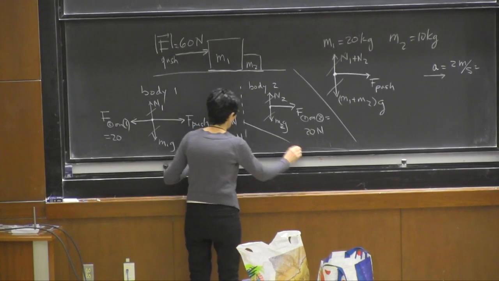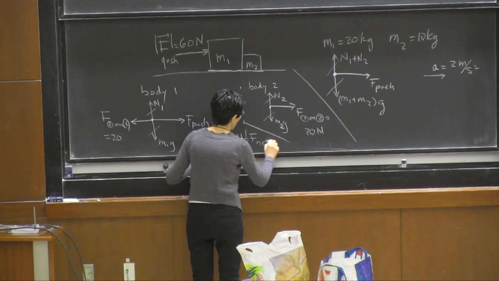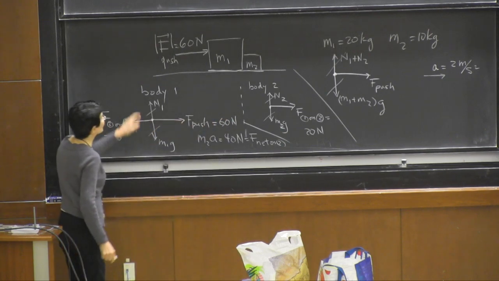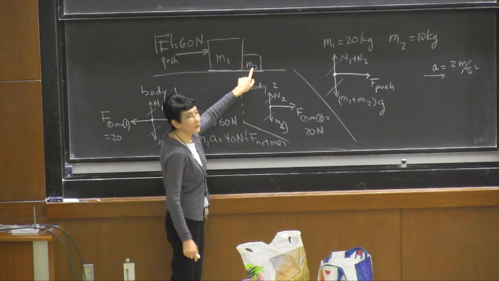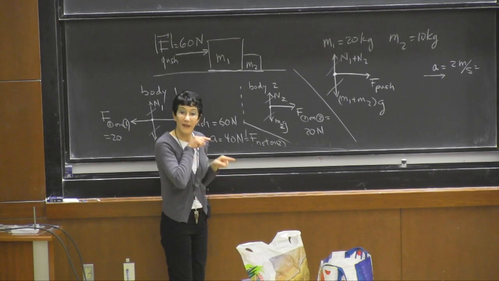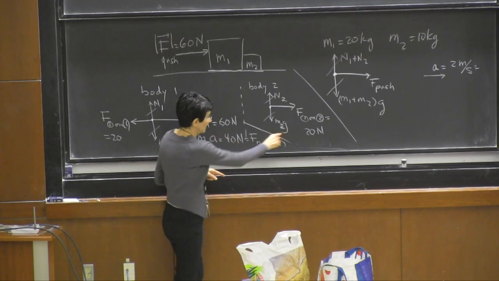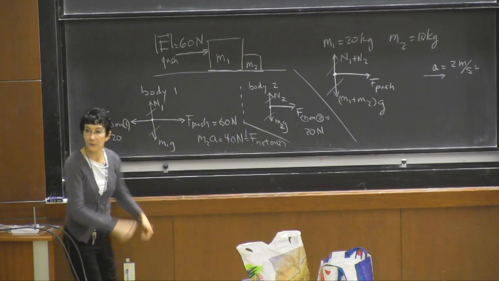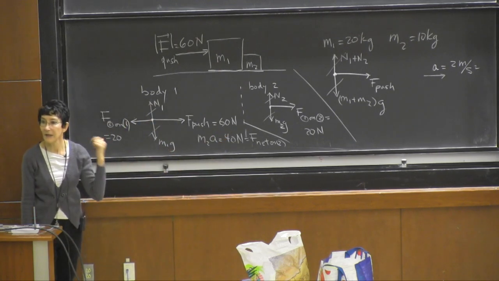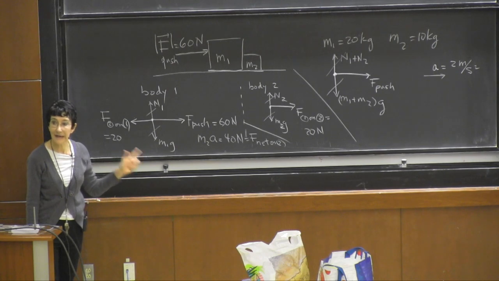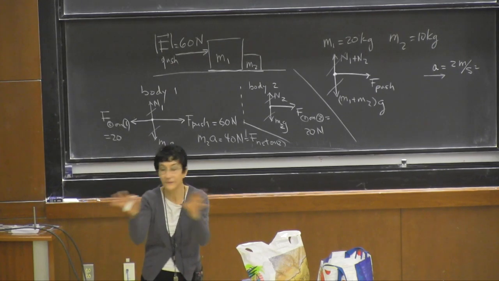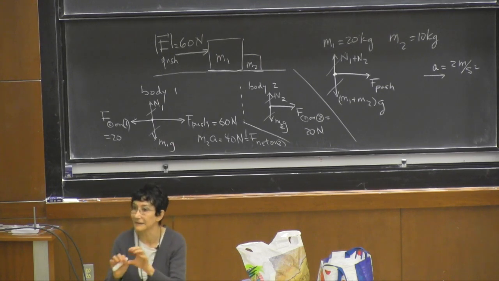So you see that when body 1 acts on body 2 with a force, 2 acts on 1 with an equal and opposite force. If I wouldn't do that, then I could not consider different bodies interacting together.